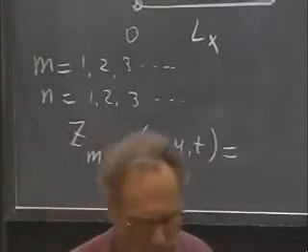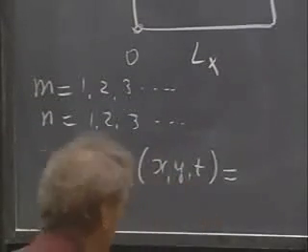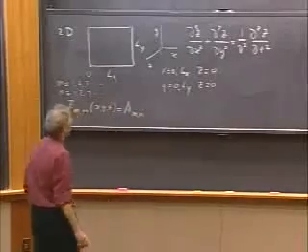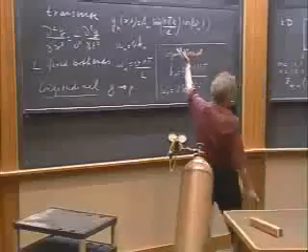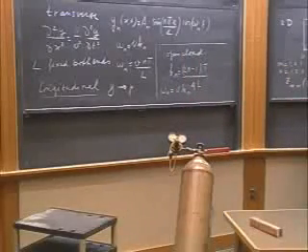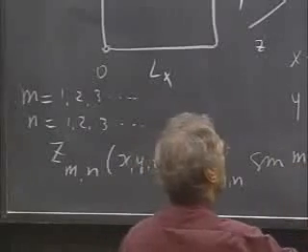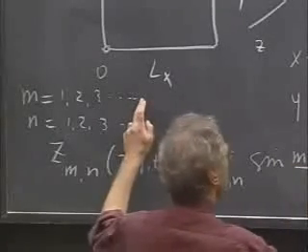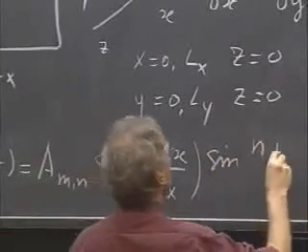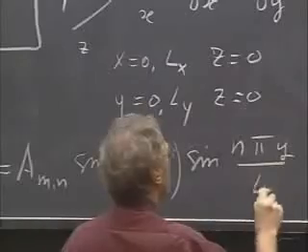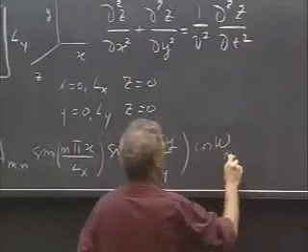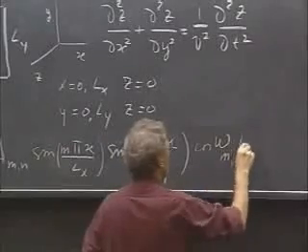So I have to introduce some kind of an amplitude, which can be different for the different modes, m and n. And now I get something extremely similar to this, except I get two sines. So I get here sine of m pi x divided by Lx times the sine of n pi y divided by Ly times the cosine of omega mn times t.